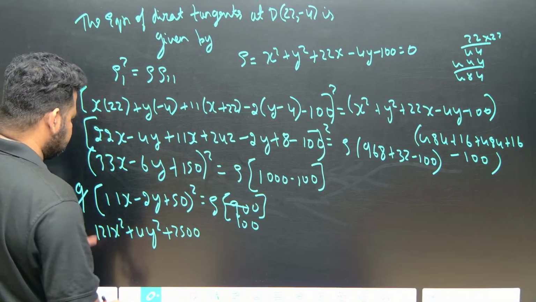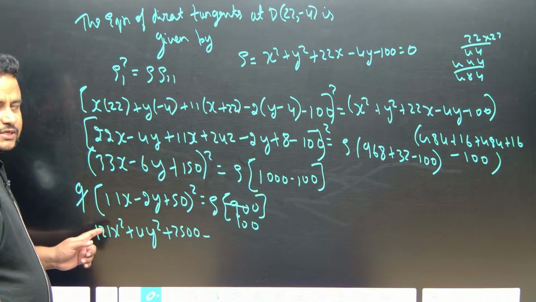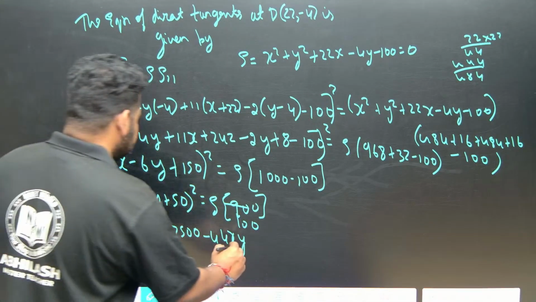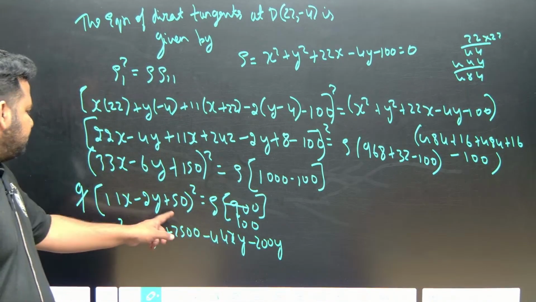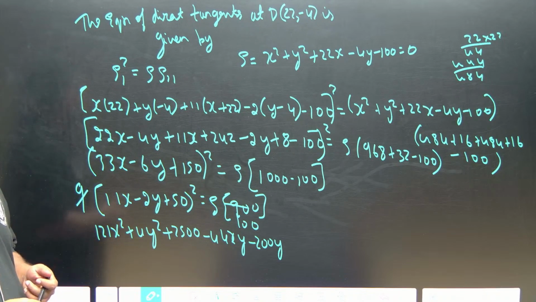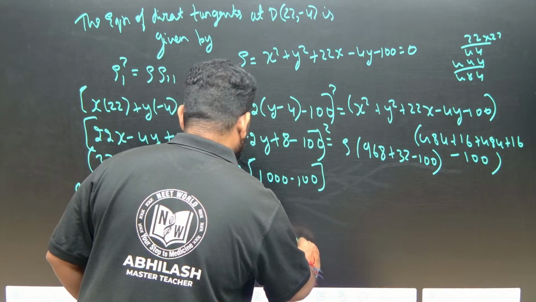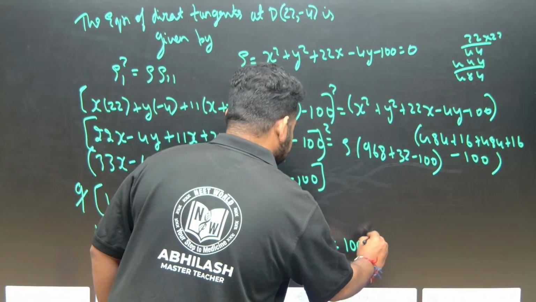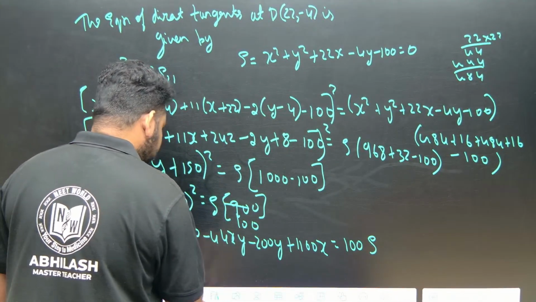So 2 into 11 into minus 2 is minus 44xy, minus 2 into 2 into 50 is minus 200y, plus 50 into 11 into 2, 550 into 2 is 1100x, is equal to 100S.